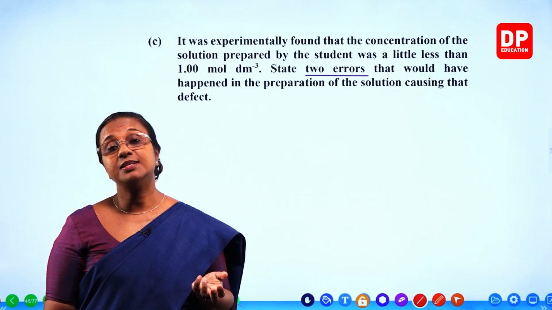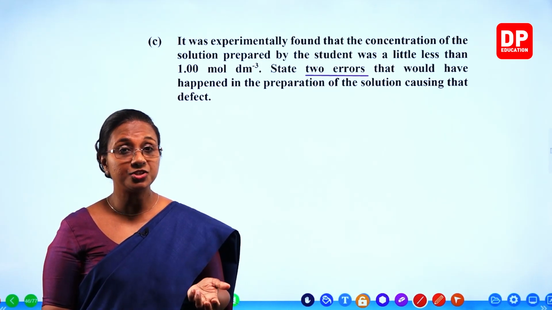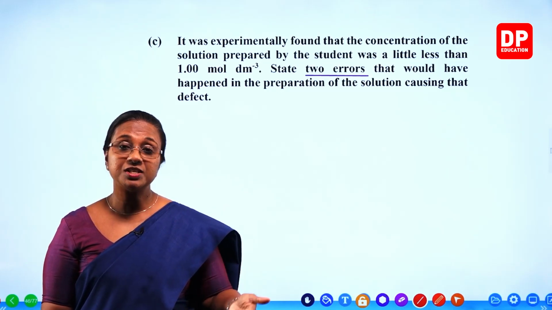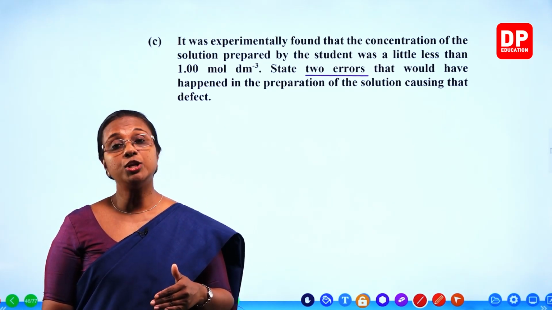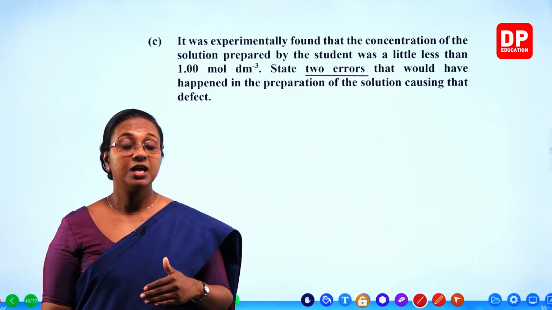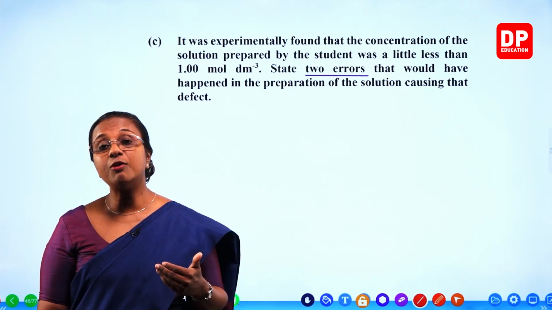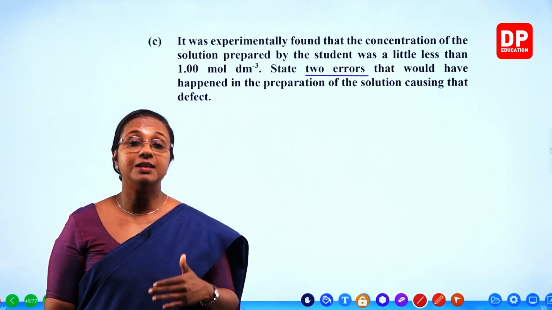So if the concentration is less, what is concentration? Moles divided by volume, number of moles of solute divided by the volume of the solution. Either the volume has to increase or the amount of solute has to be less.